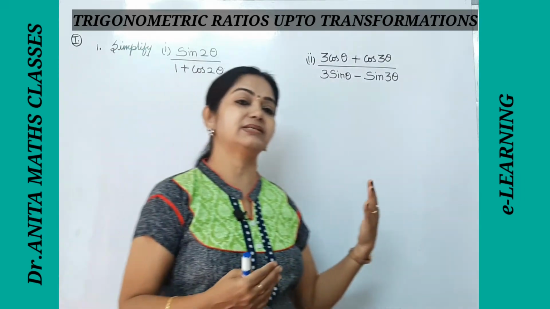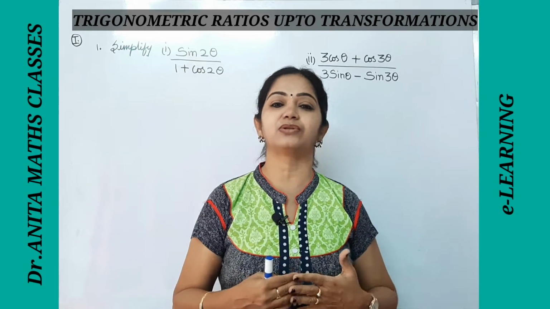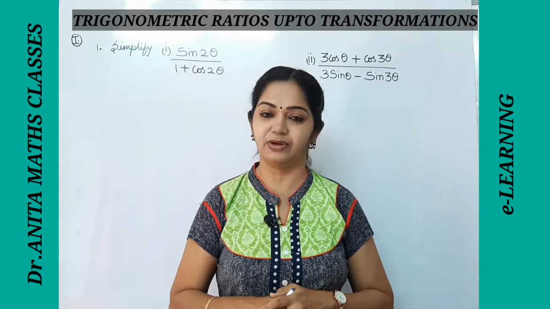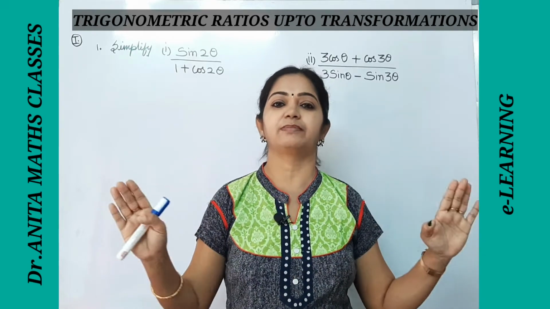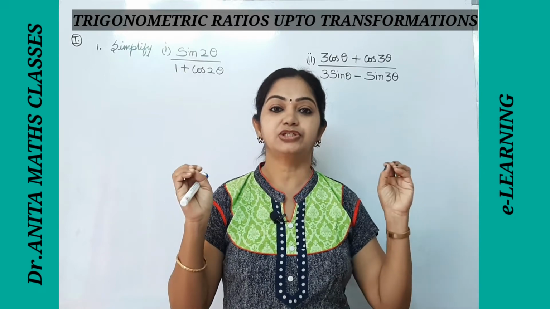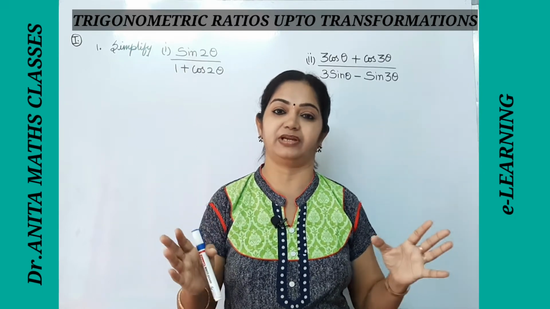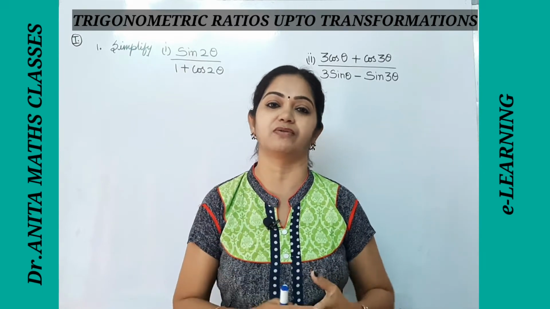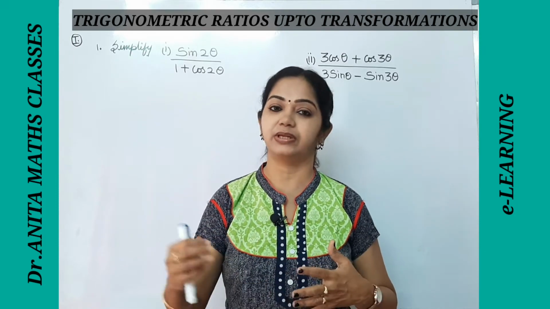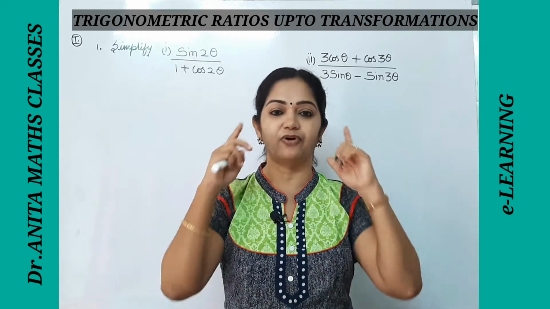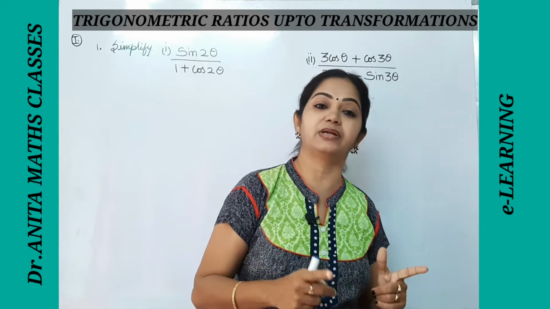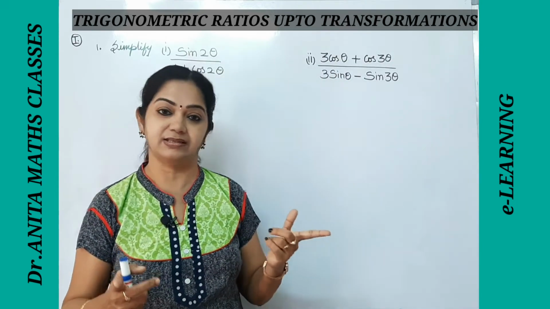Actually in 6C the complete exercise is based on the compound angle formulas. So all the formulas of trigonometry should be memorized perfectly so that you can easily go for the solutions. The formulas are very important as far as the competitive exams are concerned also.